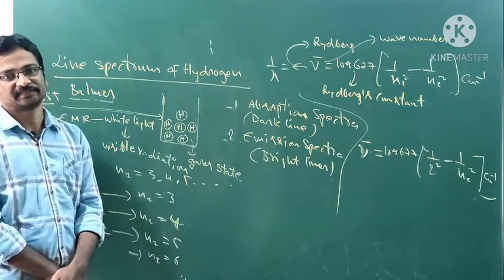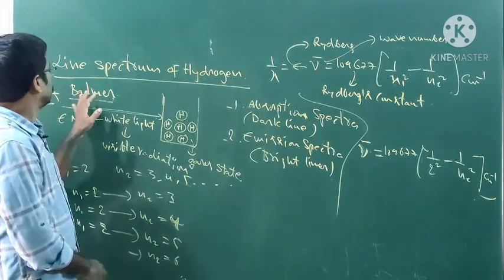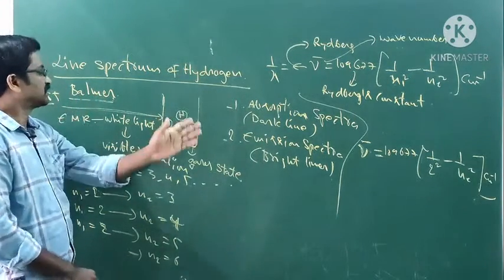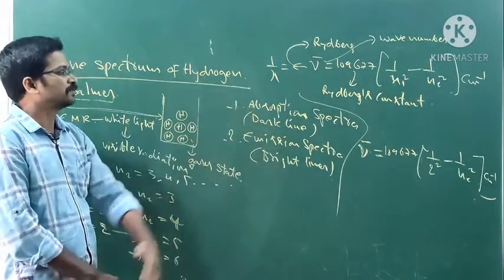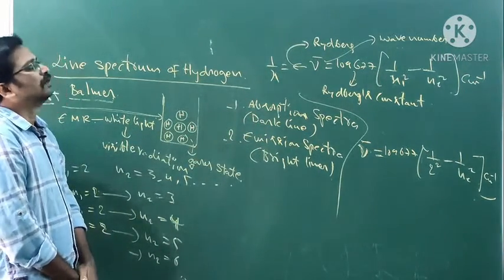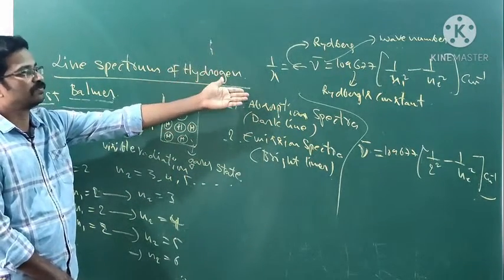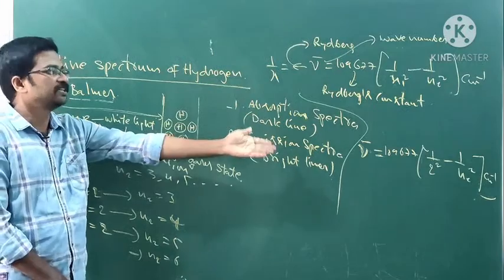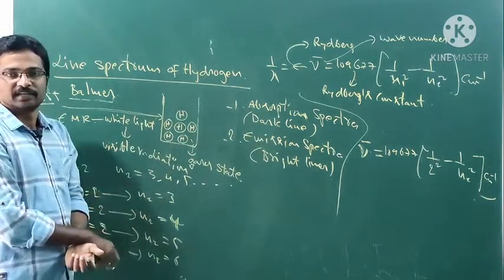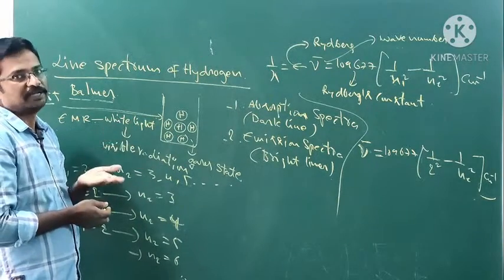First he explained this. Okay, he is the first scientist. He can explain that whenever white light is passed into the sample, he can get two types of lines, dark lines and bright lines. To explain this, he borrowed this equation from Rydberg, and he explained initial stages. Atom has energy levels.